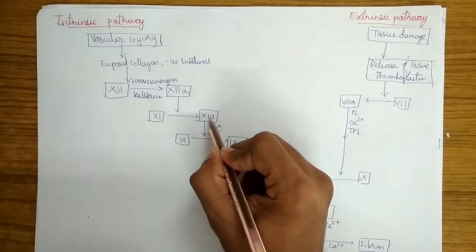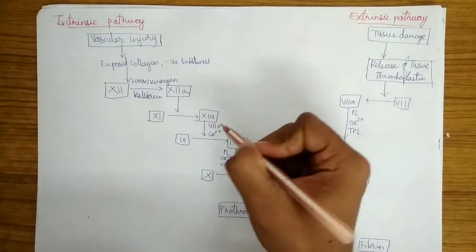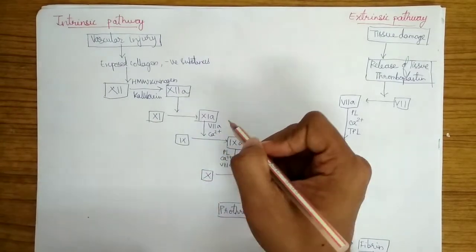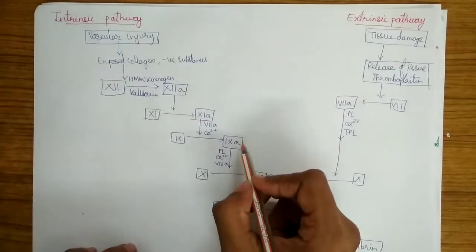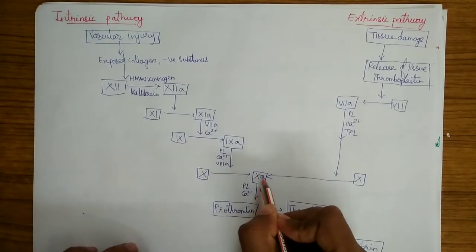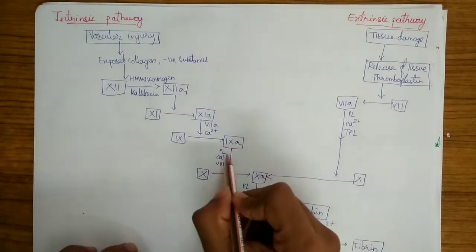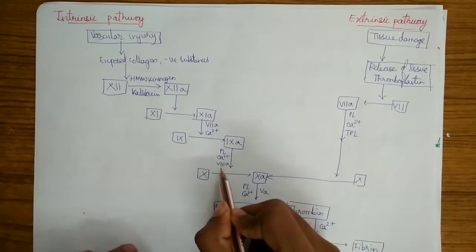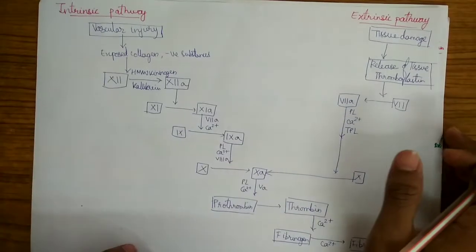This clotting factor 11 again activates clotting factor 9 with the help of calcium. This activated clotting factor 9 finally helps in activation of clotting factor 10, the Stuart-Prower factor. It helps in activation by the phospholipid, calcium and the activated version of clotting factor 8.